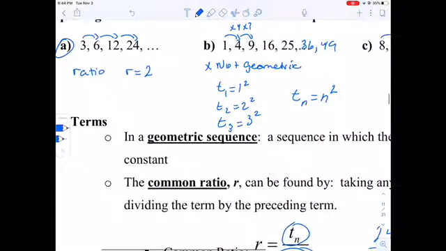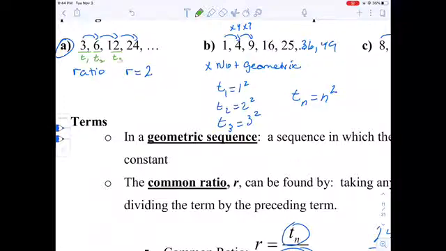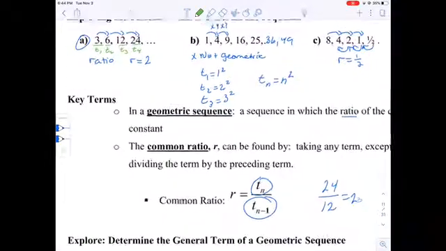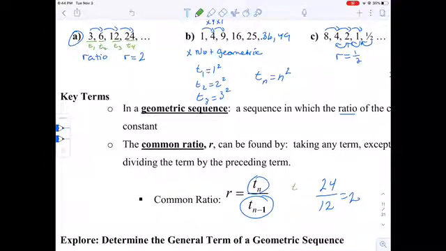If I number these terms T1, T2, T3, and T4, and take any term, for example 24, that is T4. Dividing it by its previous term is the same as T4 divided by T4 minus 1, which is T3, which is what we did.